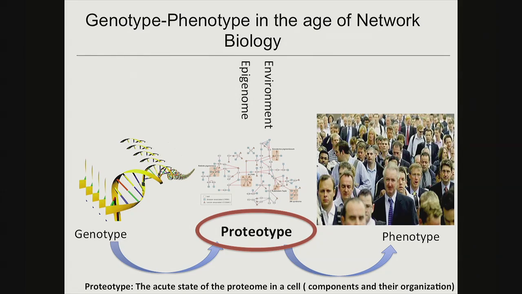Now, of course, the question is, how can we explore that? It is not currently a plausible suggestion to take a mass spectrometer, put a proteome into it, and have it tell us the organization of the proteins. So we cannot measure this very effectively.